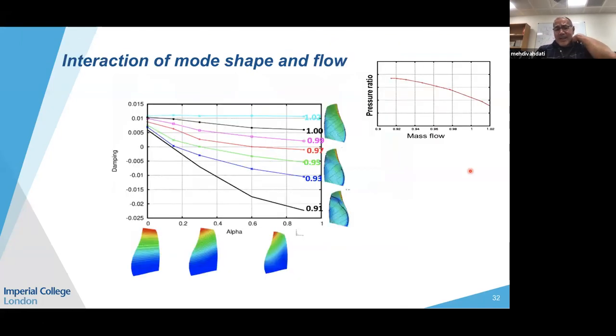This is going to take a while to explain, but the interaction between the mode shape and the flow on the blade is highly nonlinear. So, for example, here I put alpha, which is the mode shape, where the bigger alpha is, the bigger the amount of twisting it has in it, against damping for different flow conditions, and 1 is your working line.